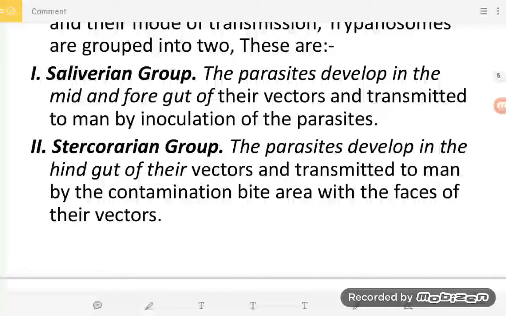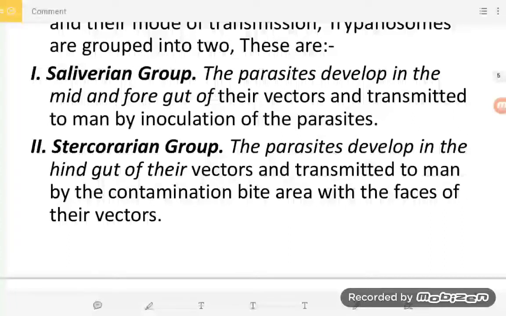But in the Stercorarian groups, these parasites develop in the hind gut of their vector. So here the parasites develop in the third part, the end of the gut. Here they transmit to man by contamination of the bite area with the feces of their vector.